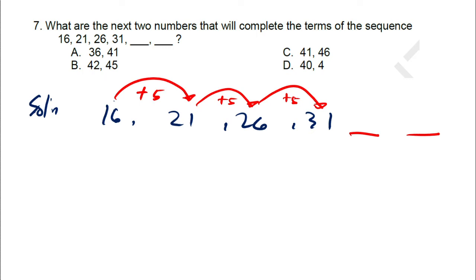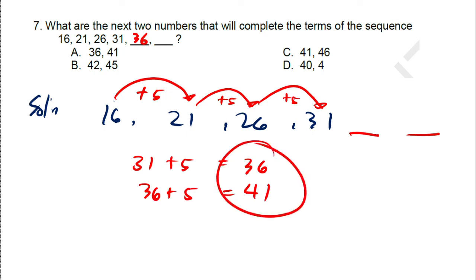So the first term after 31, 31 plus 5, gives us 36. And 36 plus 5 is 41. The two terms after 31 are 36 and 41, and that's letter A.